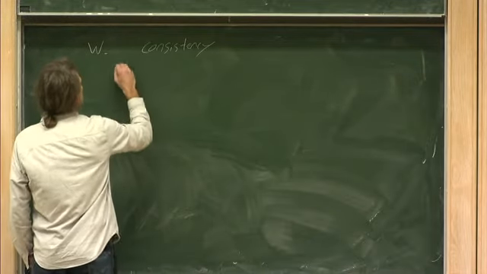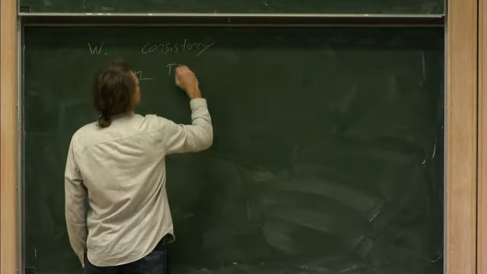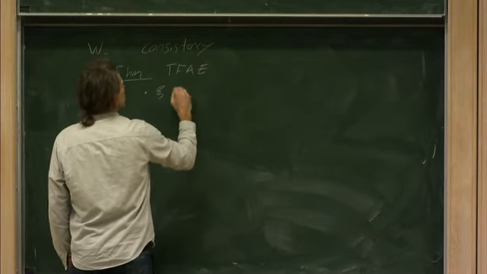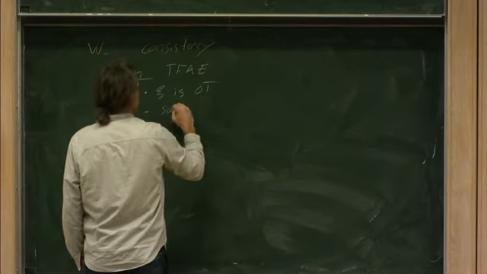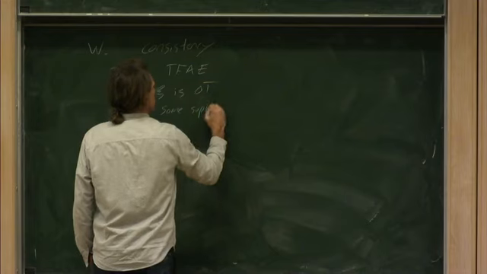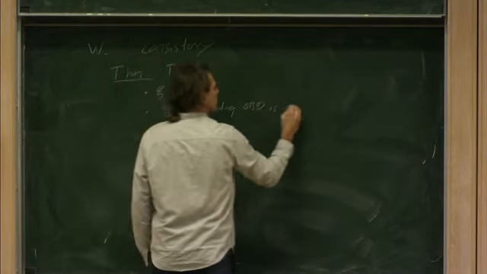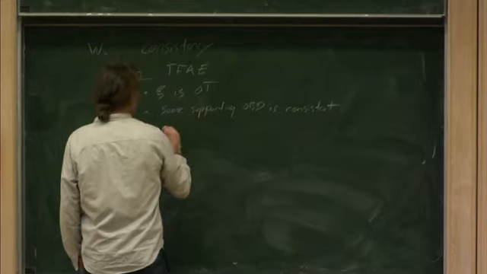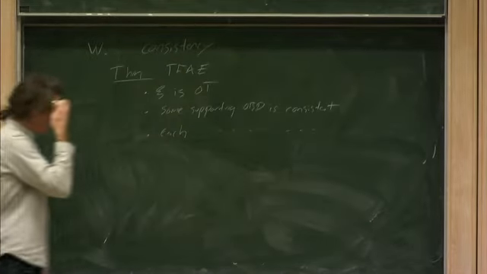So the theorem involved here is that the following are equivalent. One, a given contact structure is tight. Two, some supporting open book decomposition is consistent. And finally, each supporting open book decomposition is consistent.